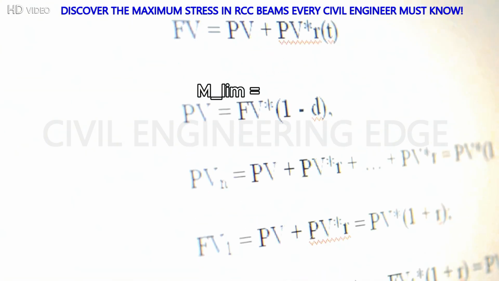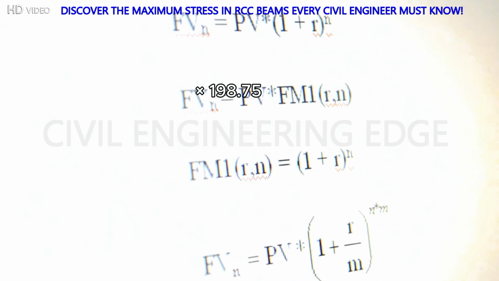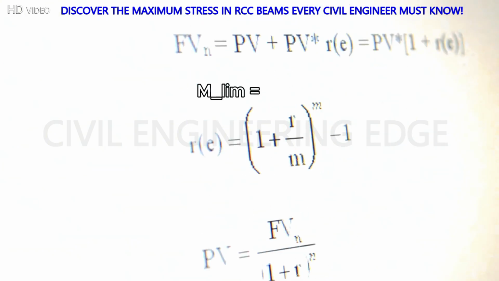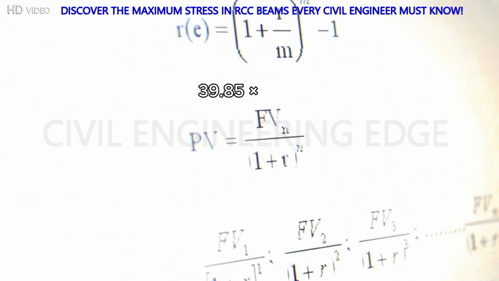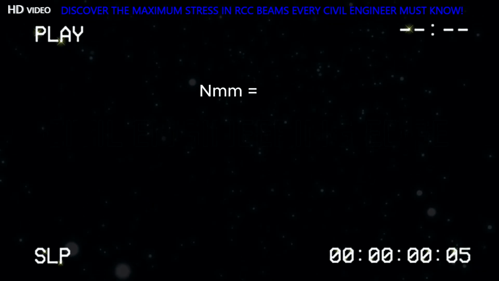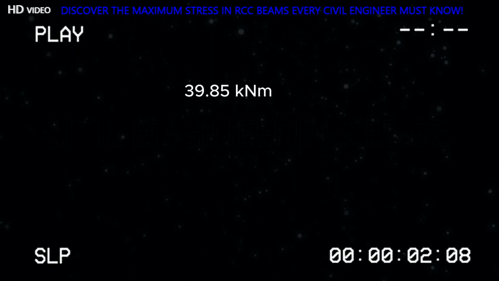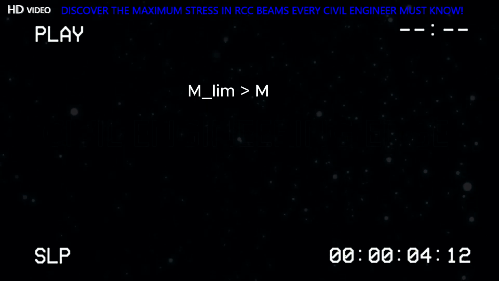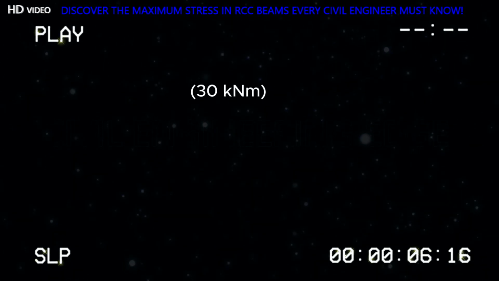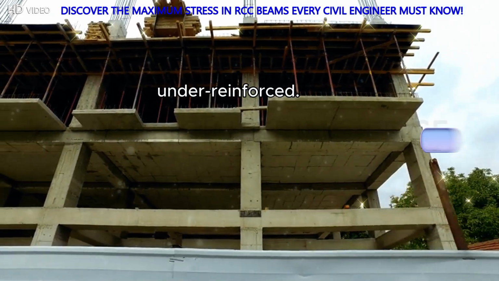Using the formula, M_limit equals 0.36 times 20 times 200 times 198.75 times (375 minus 0.42 times 198.75) Nmm equals 39.85 kNm. Since M_limit is greater than M, the section is under-reinforced.